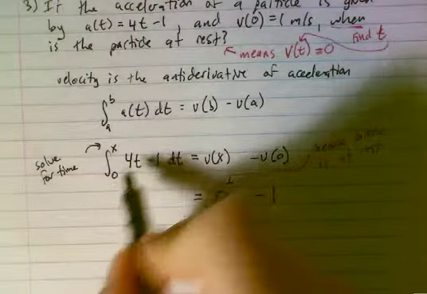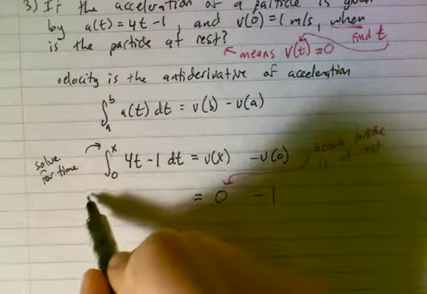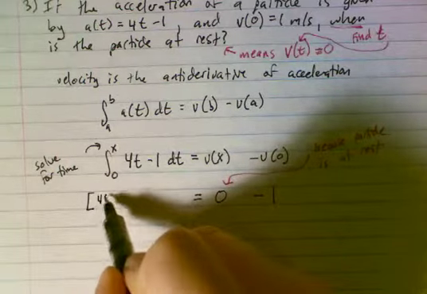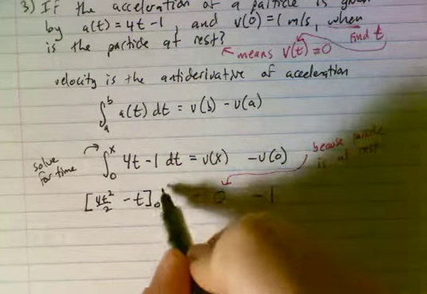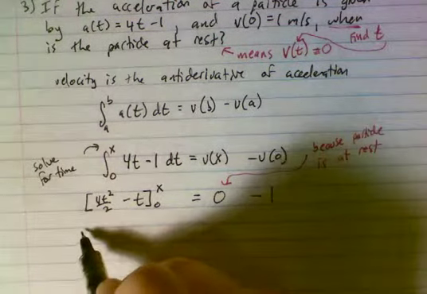So now we're just going to solve for x over here. 4t squared divided by 2 minus t from 0 to x.